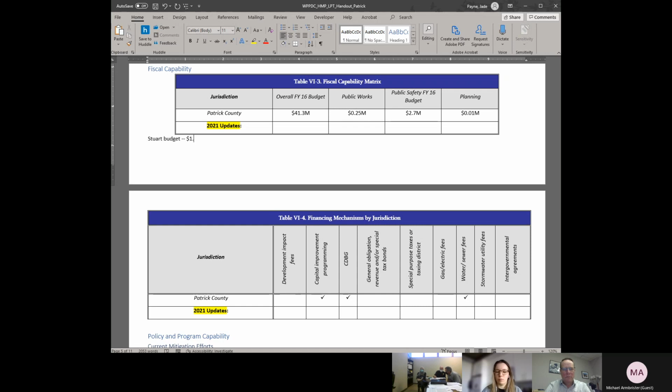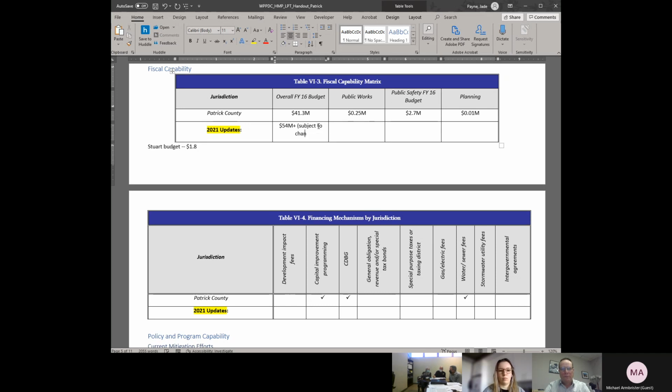Yeah, and the county's budget's at 54 million right now. Maybe a little bit more, but of course, that's subject to change soon. Especially some of the requests we've been getting so far.